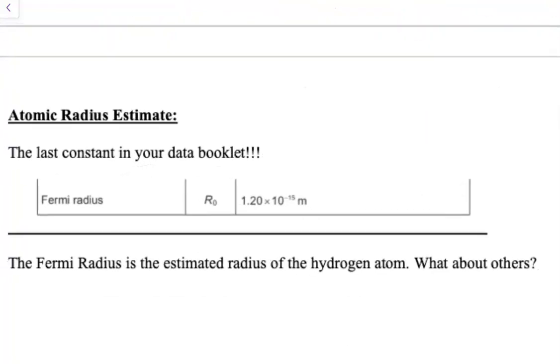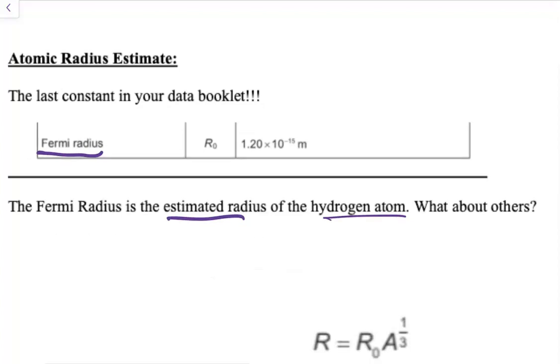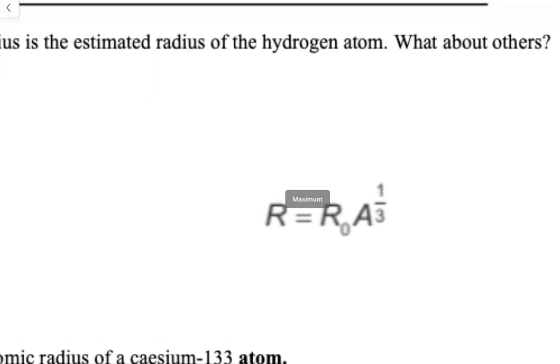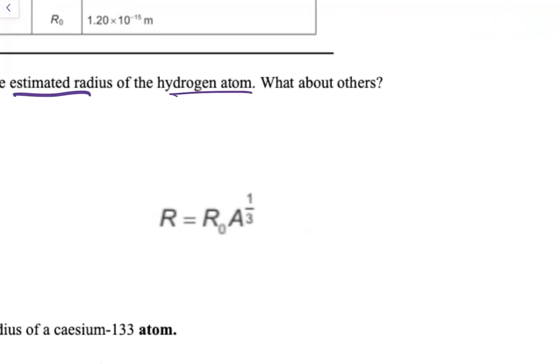So the last constant in your data booklet is going to be important here. It's called the Fermi radius. And this Fermi radius is the estimated radius of the hydrogen atom. Fermi determined this and was able to, in experiments, find out the radius of other atoms. And he found that the relationship followed a power to the 1/3 relationship.